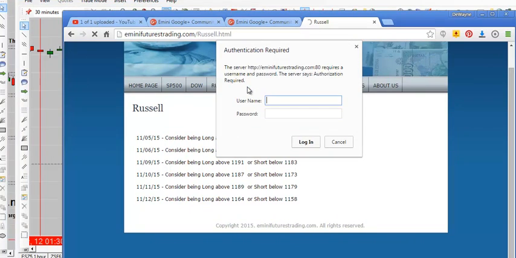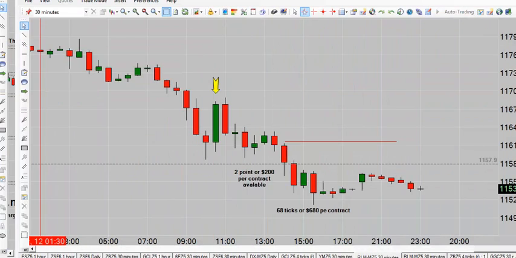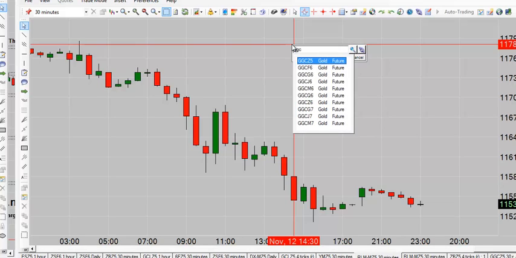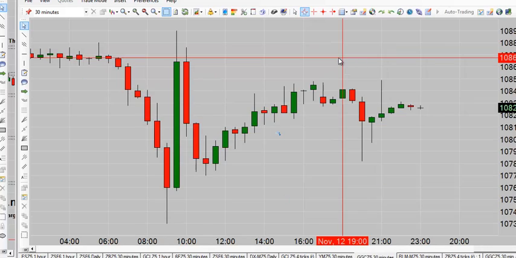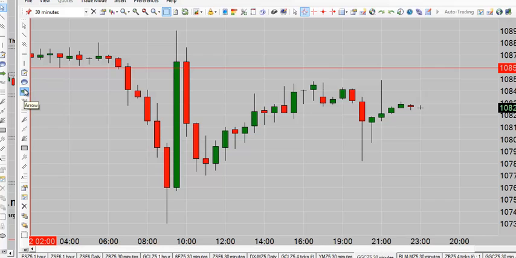Okay, let's go to gold. Username, password, log in. Long above 1090, short below 1079. Let's remove all drawing objects. Let's go find our 1030 candle, which I think is going to be right there.